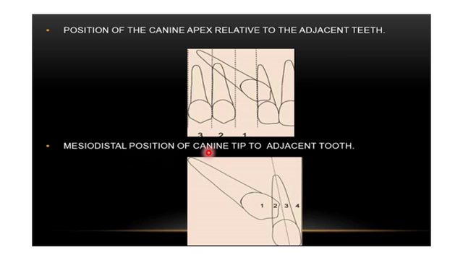The mediodistal position of the canine tip to the adjacent tooth is also divided into 4 sectors in relation to the lateral incisor.